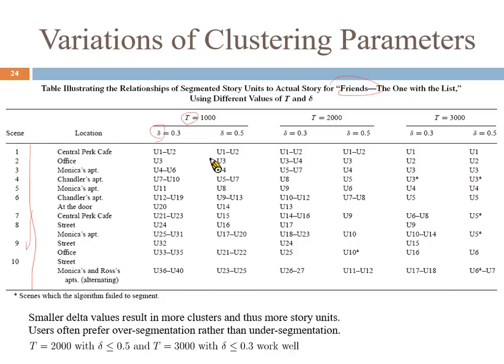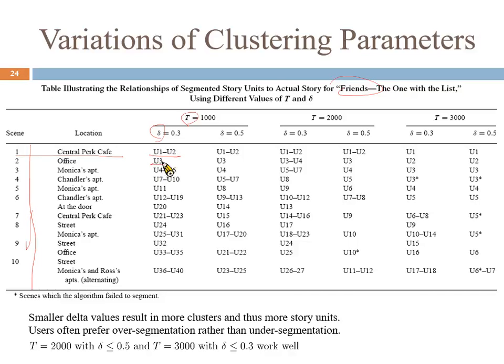With different time constraint t and clustering parameter delta, we may have many significantly different scene change detection results. Like this one, U1, U2, that means for the actual first scene, our system thinks it consists of 2 scenes, U1 and U2. So this is an over segmentation case.